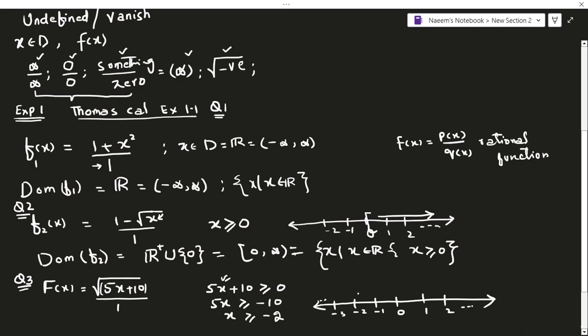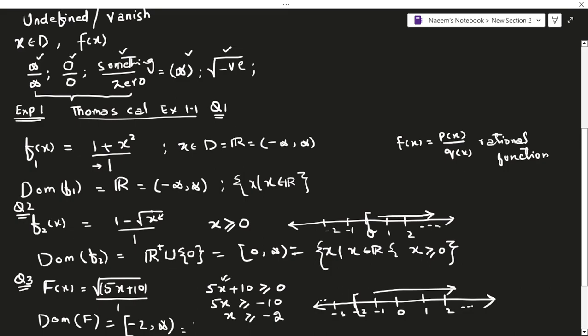See this one. This shows that x can be equal to minus 2, x can be greater than or equal to minus 2. So this interval contains all the values. So the domain of this F1 is minus 2 to plus infinity.